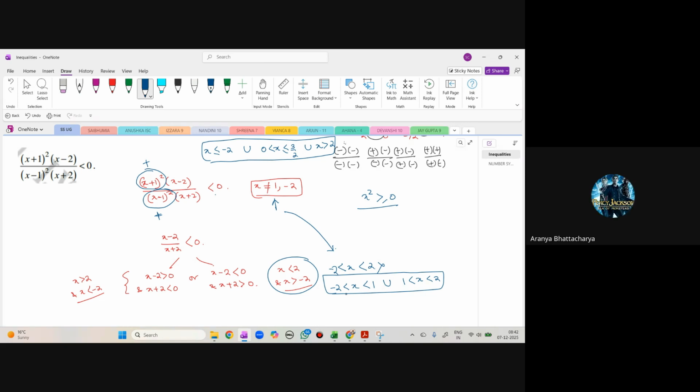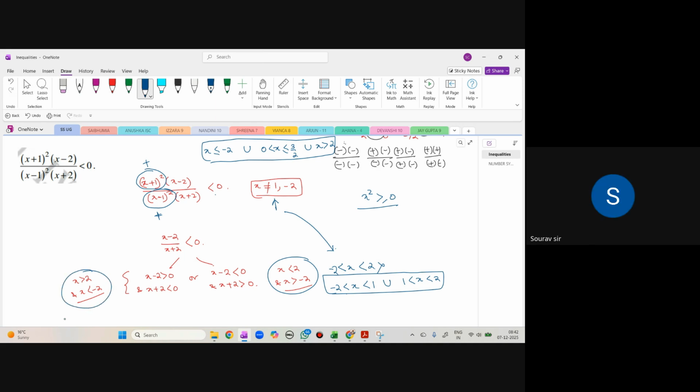Sir, how do we know not to use the other two inequalities we got? Sorry? So we got four sets of inequalities, right? So x is less than 2, x is greater than minus 2. And on the other side, we have x is greater than 2 and x is less than minus 2. So how do we know not to use that?